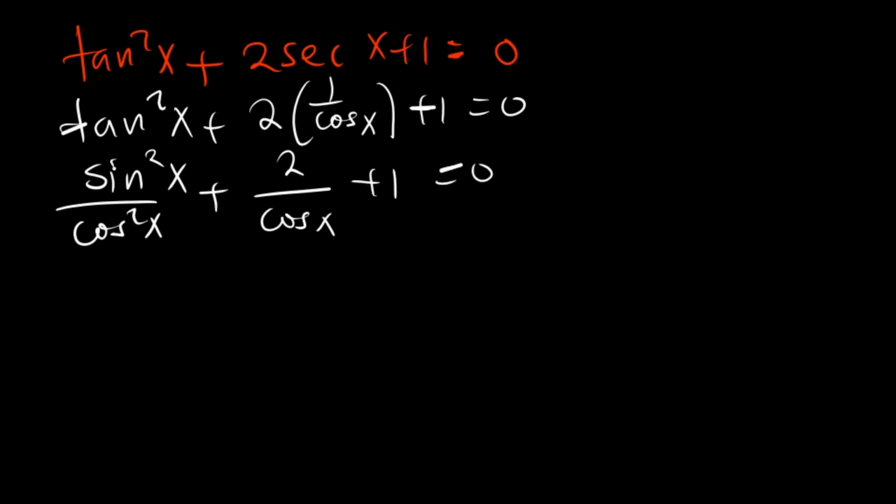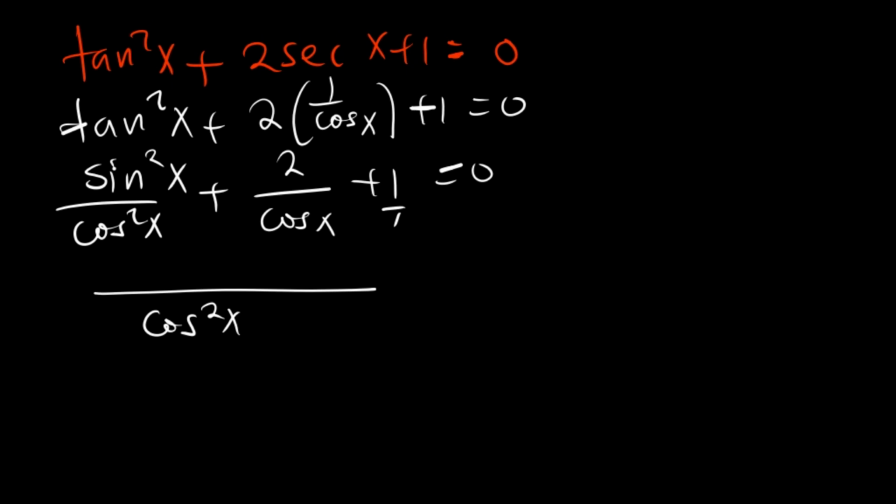Have you seen what I've done? Yes. So I create the same as I've got 1. Let's have the common denominator. The common denominator is cos what? Cos squared x.